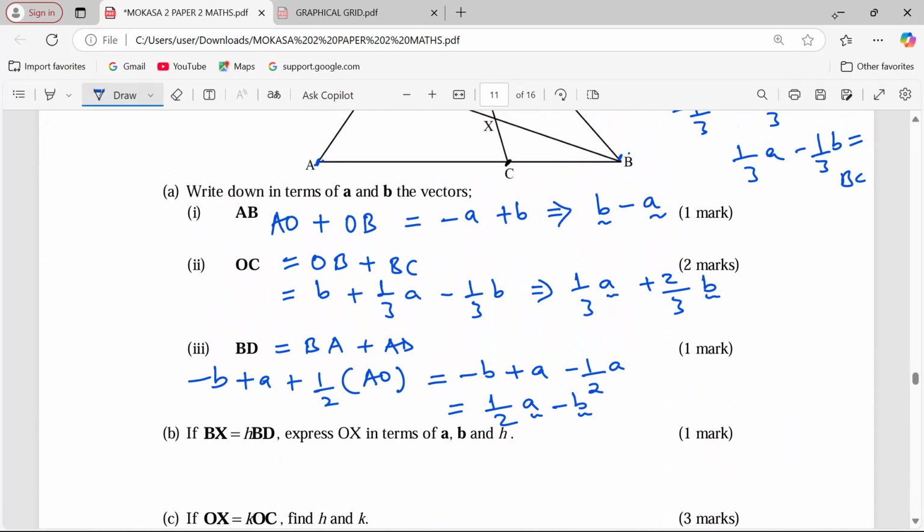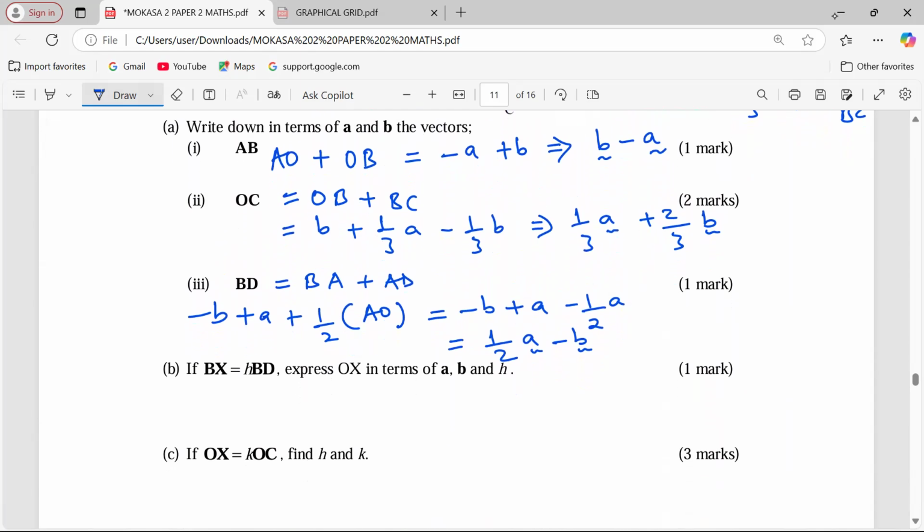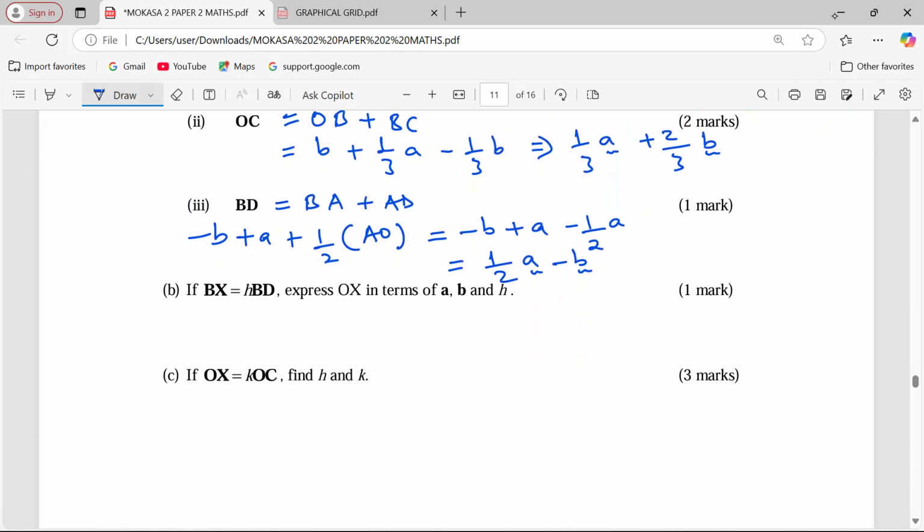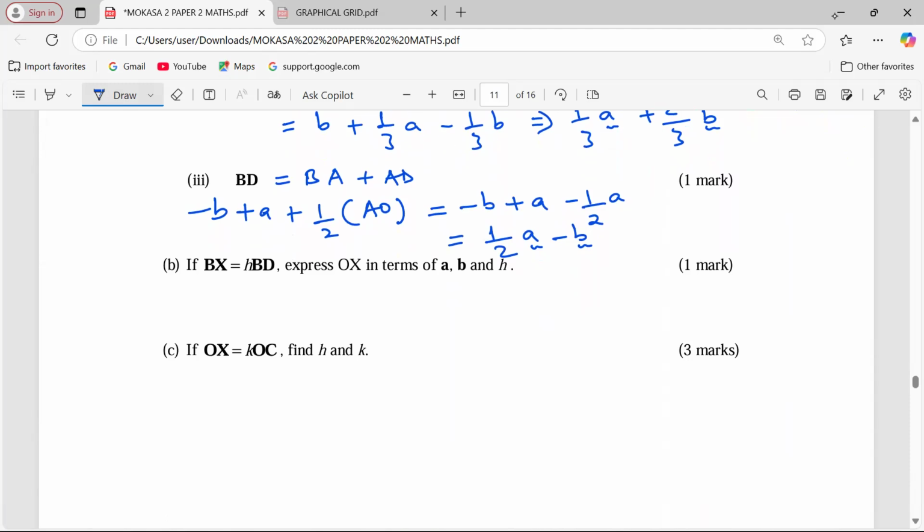So with the vectors expressed that way, we can proceed to work out part B, which is telling us that vector BX equals H, the value of BD. Express OX in terms of A, B and H. Because BX has been given, we need to work out OX.